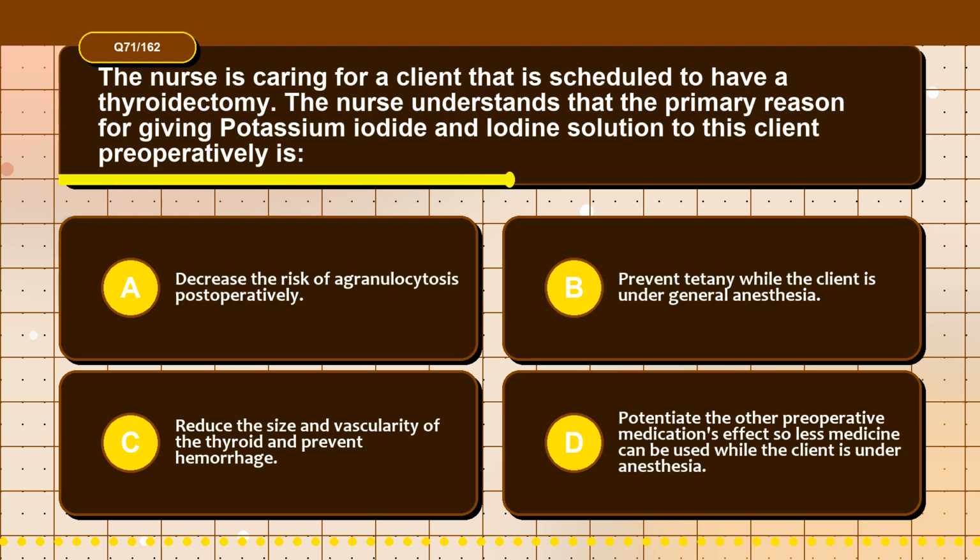Option B. Prevent tetany while the client is under general anesthesia. Option C. Reduce the size and vascularity of the thyroid and prevent hemorrhage. Option D. Potentiate the other preoperative medications effect so less medicine can be used while the client is under anesthesia.